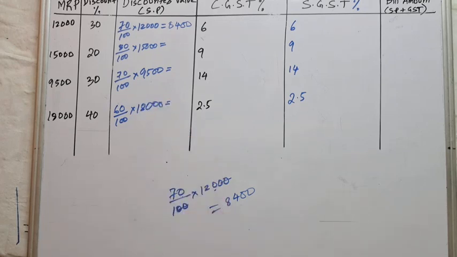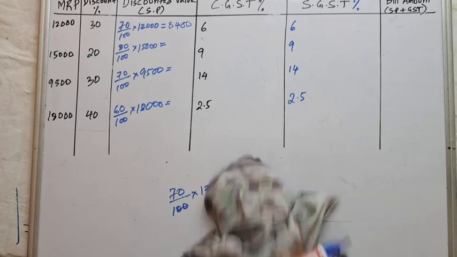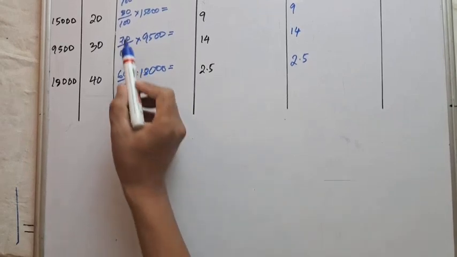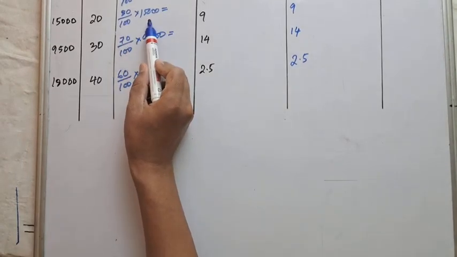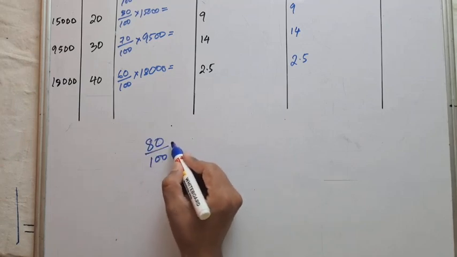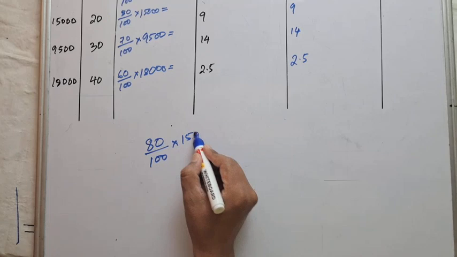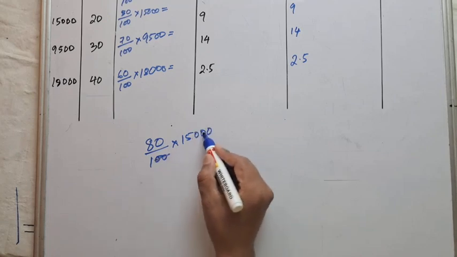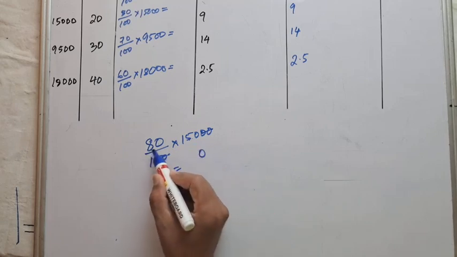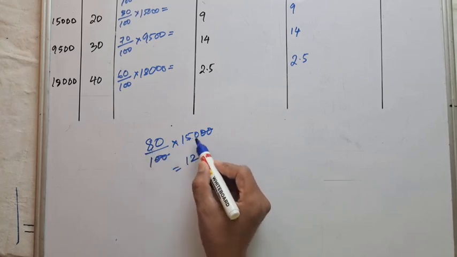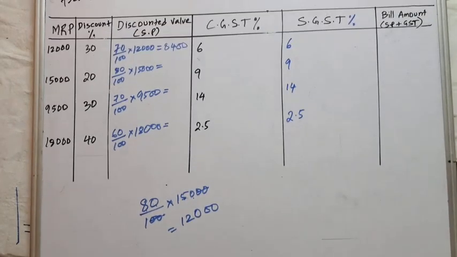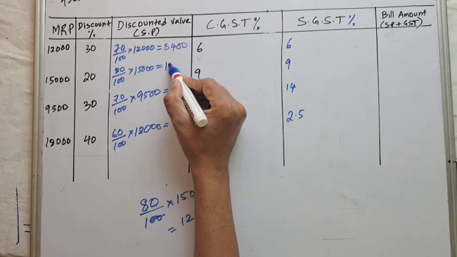So now let us calculate this. In the first case, we have 80% of 15,000. Two zeros cancel out. 8 5s are 40. 8 1s are 8, plus 4 is 12. So this 0 and this 0 we write here. So this will be 12,000.